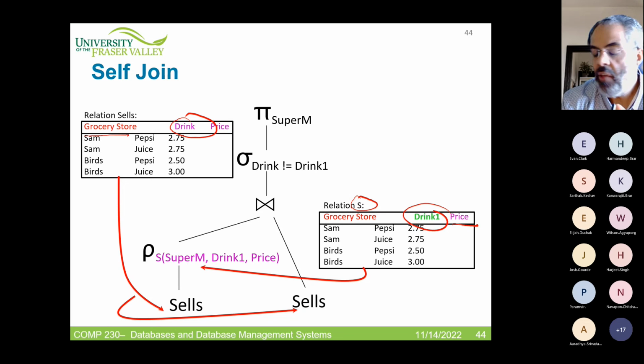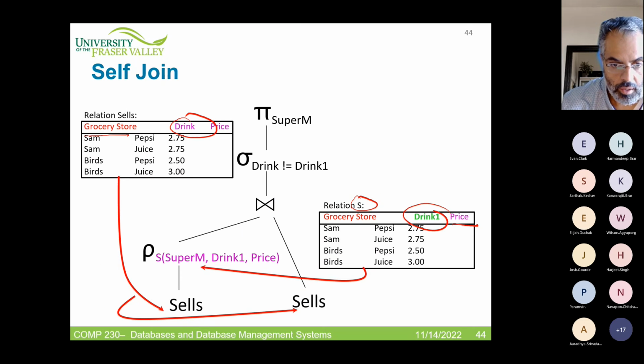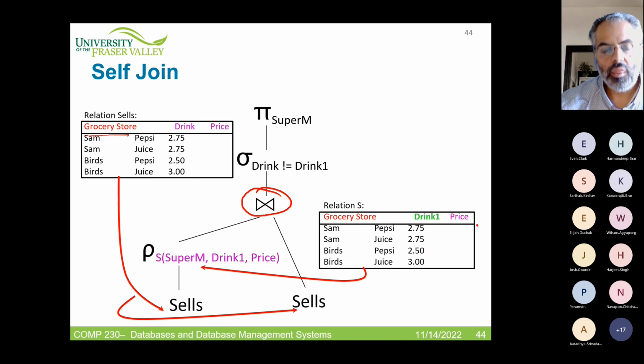You remember the renaming operation that we discussed last time? Why do we make a renaming? Because natural join will consider the common value in the common attribute.